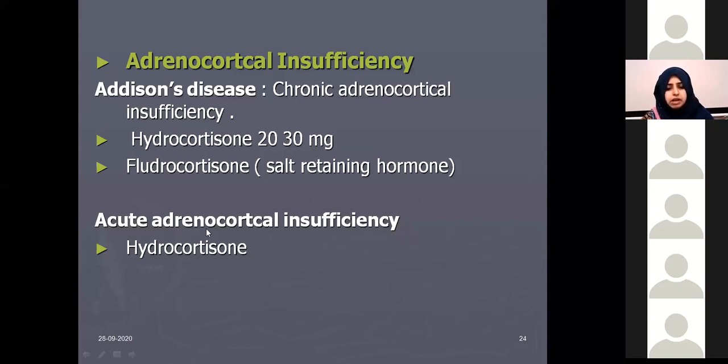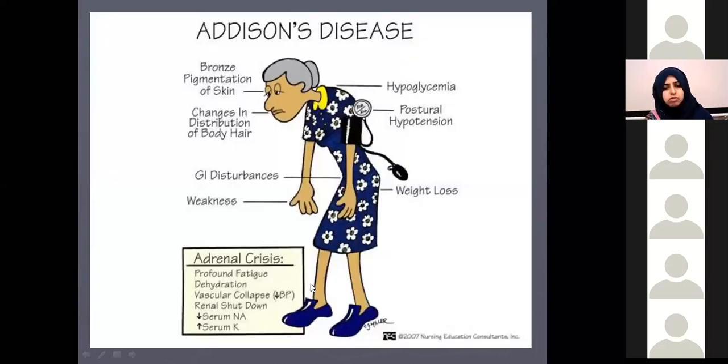In acute adrenocortical insufficiency, hydrocortisone can also be given. This is the typical picture of Addison's disease you must have studied: the patient can have bronze pigmentation, disturbed distribution of fat, hypoglycemia, weight loss, GI disturbances, weakness, plus decreased sodium and increased potassium.